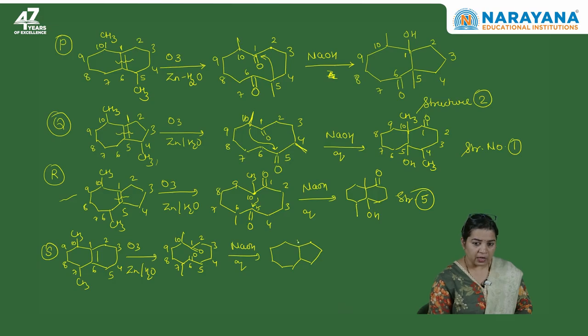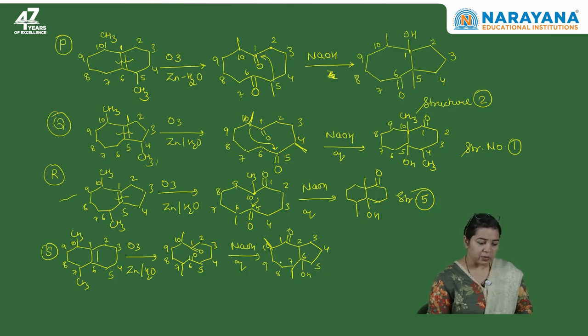If I'm using 2 and attacking on 6, so 3, 4, 5, 6. The seventh has a methyl. 8, 9, 10, and this is first. So the first will have a carbonyl and the 10th will have that extra methyl, right?